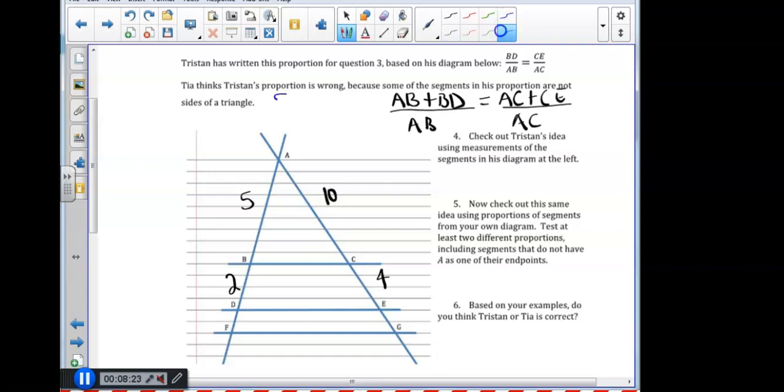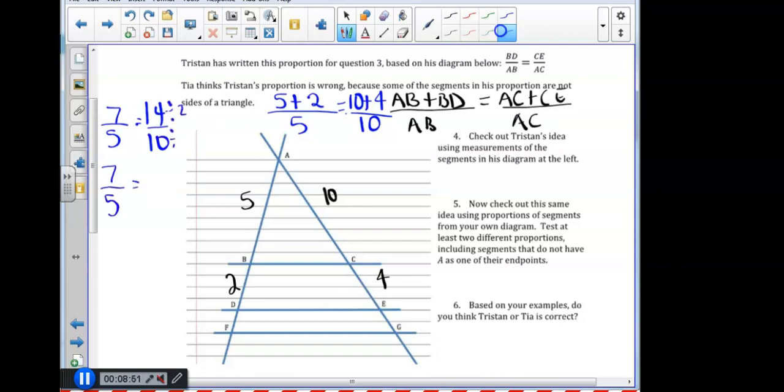The length of AB is 5, the length of BD is 2, and AB is 5. And that should equal AC, which is 10 plus CE is 4 divided by 10. So let's simplify that. The numerator, I get 7/5 equals 14/10. If I simplify 14/10 and divide numerator and denominator by 2, I do get 7/5.